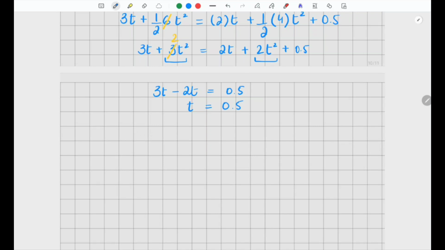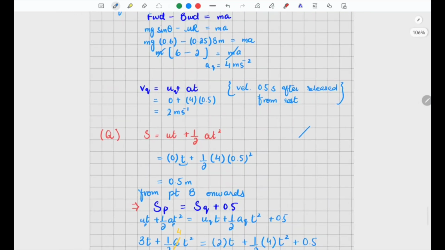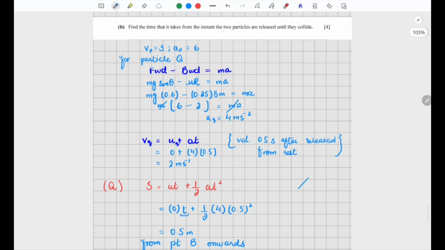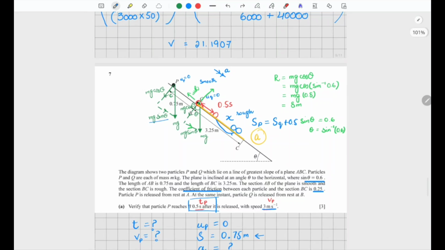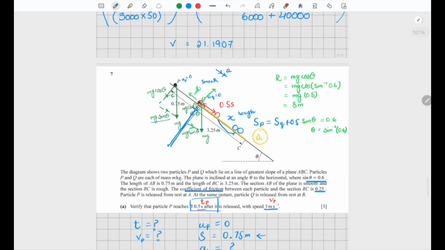But they are not asking you just this time, they are asking you from the instant the two particles are released. So initially for the particle P to reach point B was 0.5 seconds, and particle Q in this time was somewhere in between. So this was 0.5 seconds. And now to cover the distance between them, what time was taken?